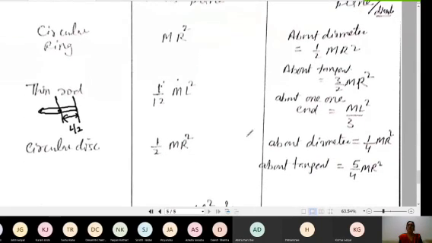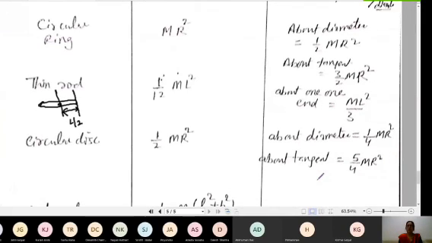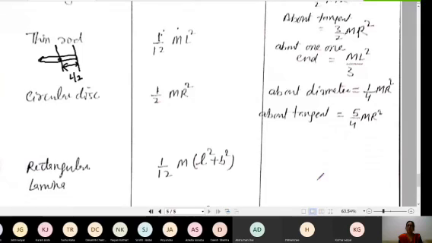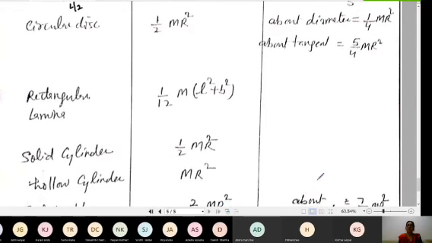Similarly, if it is a circular disc, like a playing disc, it means it is a plane. Then about its center you get half mr square. Then about its diameter it comes out to be 1 by 4 mr square, and about a tangent in its plane, it is 5 by 4 mr square. Similarly, for the rectangular lamina passing through the center, it is 1 by 12 m into L square plus B square, if L is length and B is breadth.